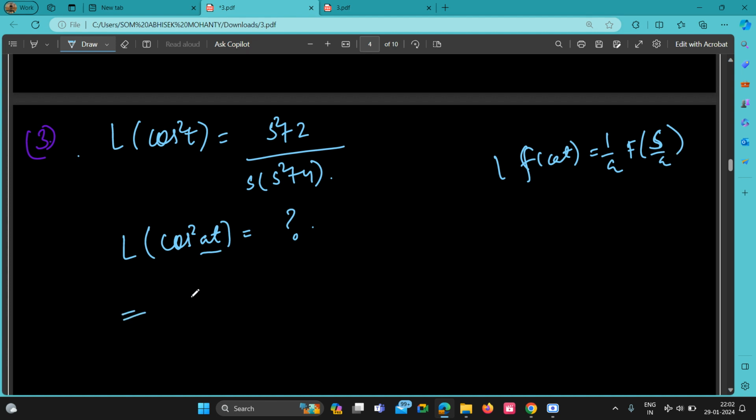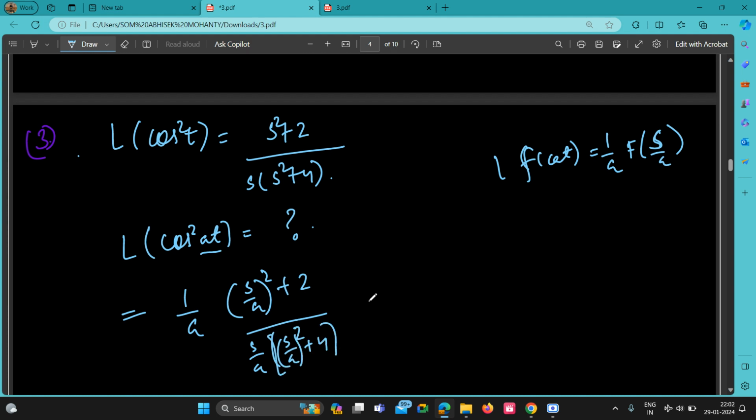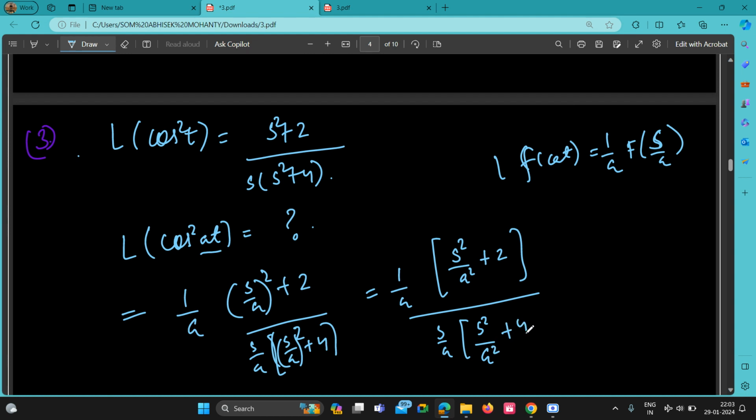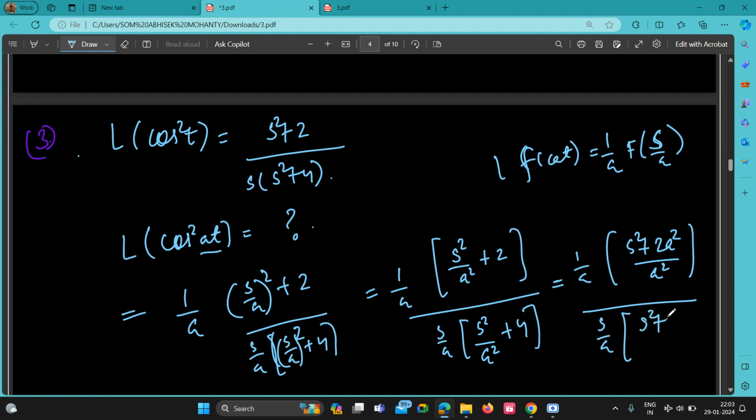So Laplace of cos square at is 1 by a times this much. So (s by a) whole square plus 2, over (s by a) into ((s by a) square plus 4). Is that alright? So if I simplify: 1 by a, (s square plus 2a square) by a square, over s by a, into (s square plus 4a square) by a square.